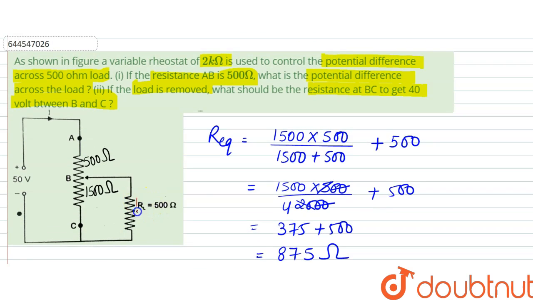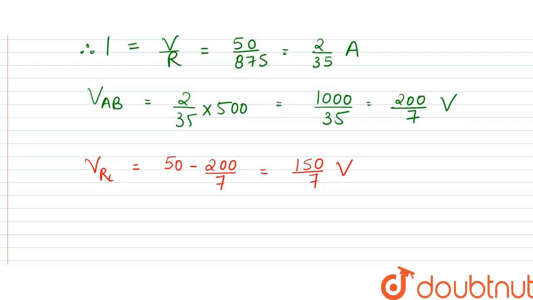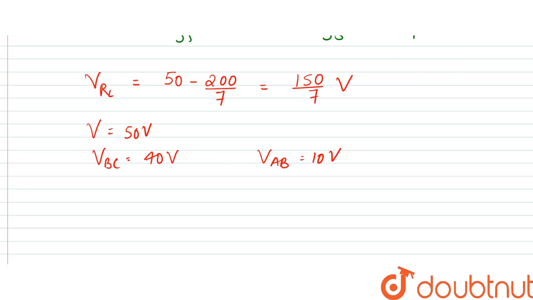Now, if the load is removed, we need the resistance BC to get 40 volt across BC. Since the total voltage is 50 volt and the voltage across BC is 40 volt, the voltage across AB would be 10 volt, right?